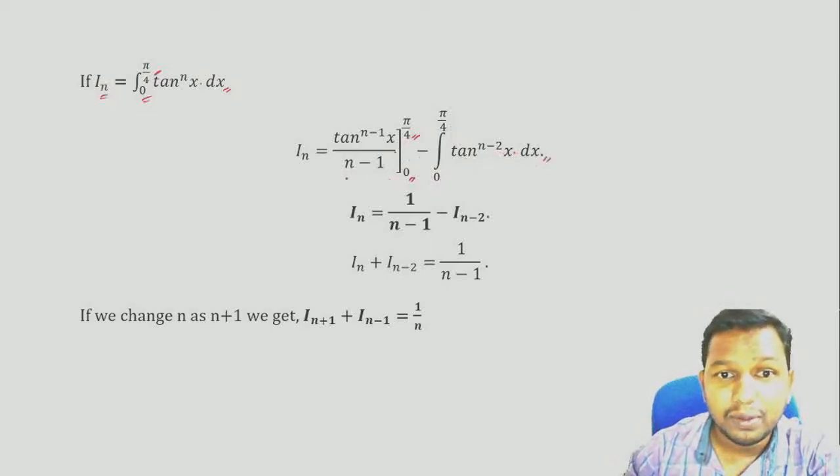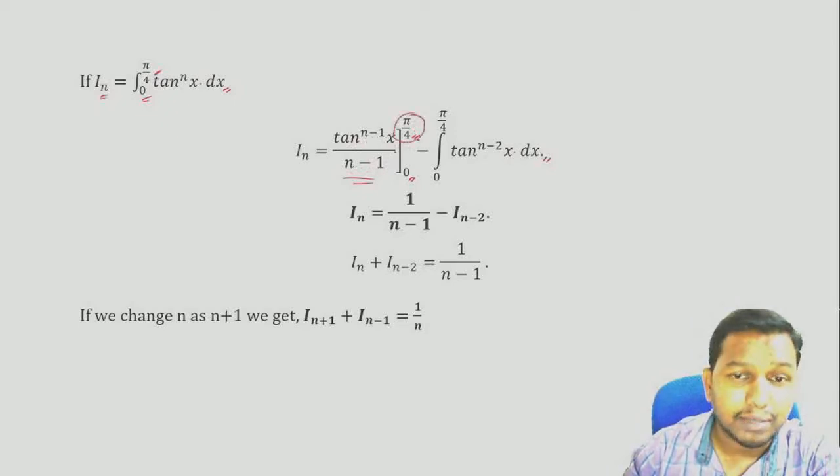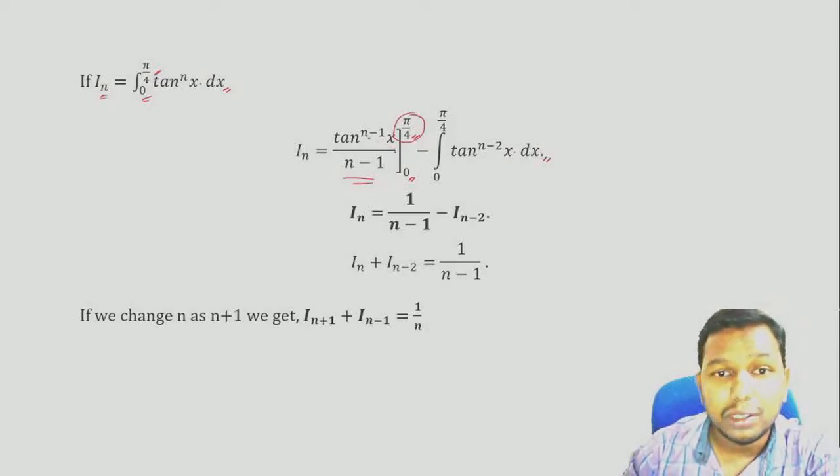So observe the first term of the RHS, tan^(n-1) x divided by (n minus 1). If we substitute the upper limit pi by 4, tan pi by 4 is 1, and 1 to the power n minus 1 is again 1.